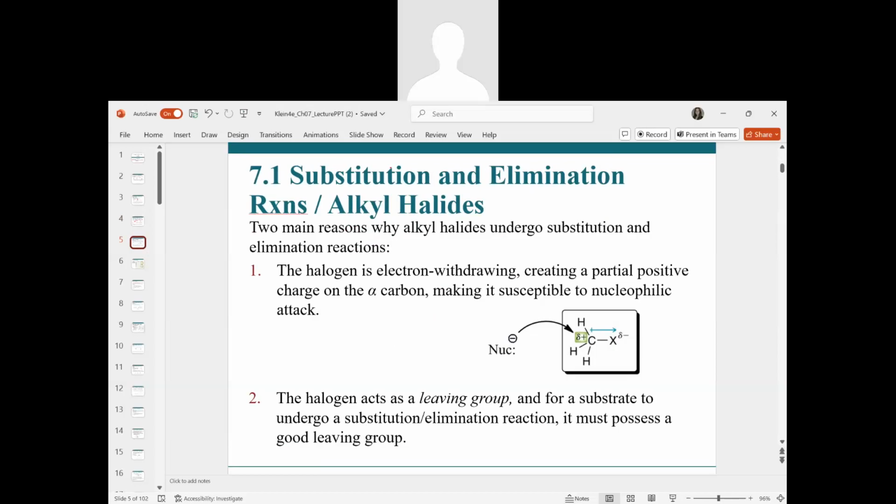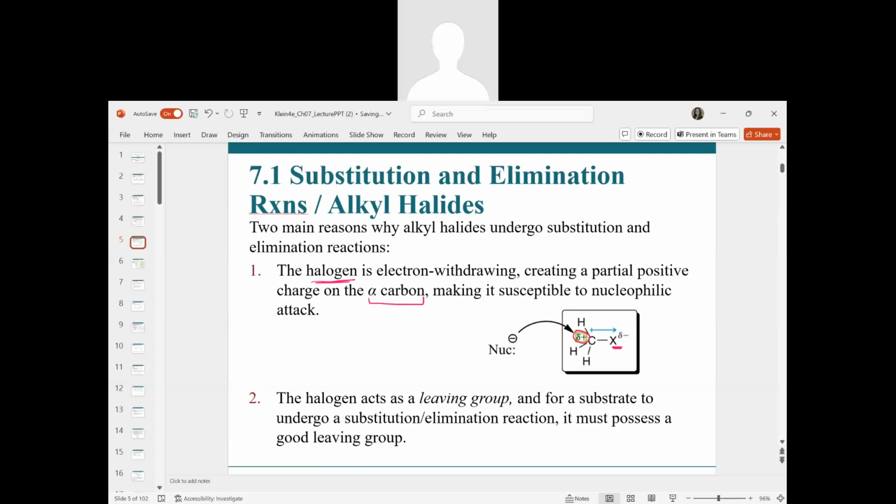So why do alkyl halides undergo substitution and elimination reactions? Well, the halogen that is attached to what we refer to as the alpha carbon, so the carbon with the X substituent on it, this halogen is an electron withdrawing group. So this creates a partial positive charge on that carbon.